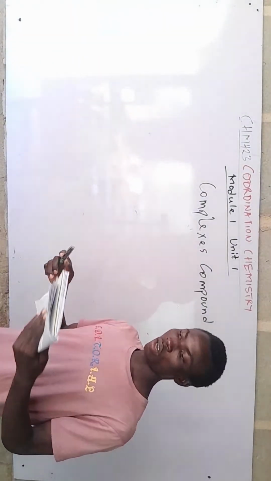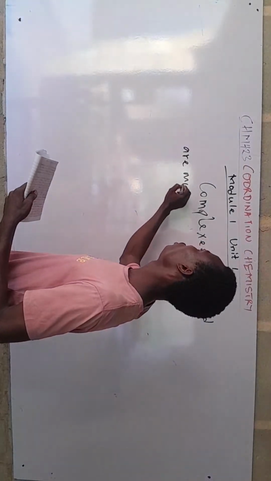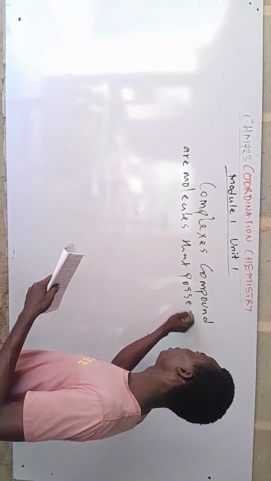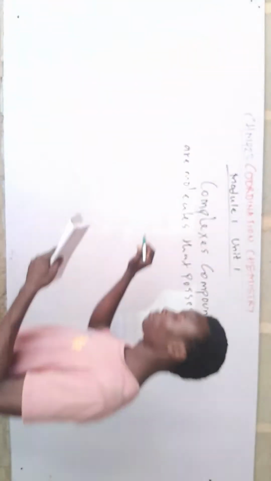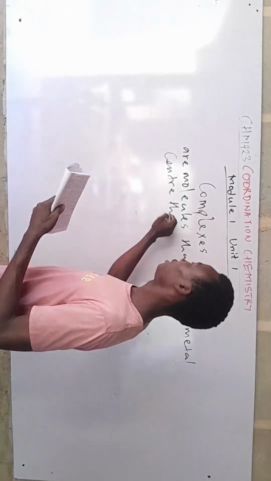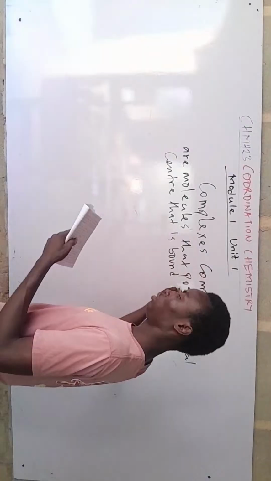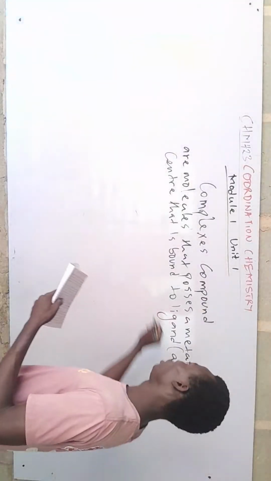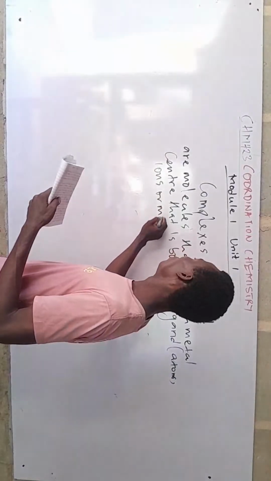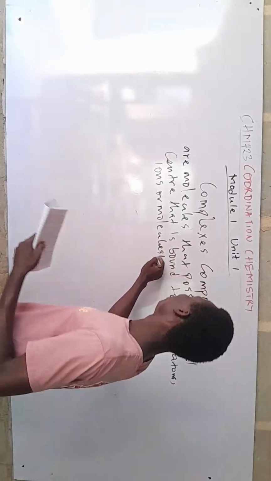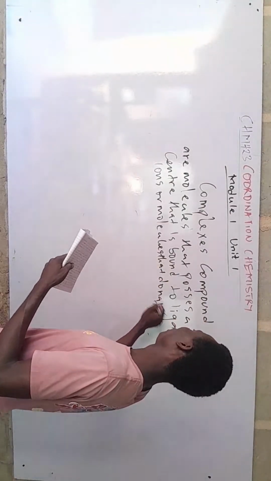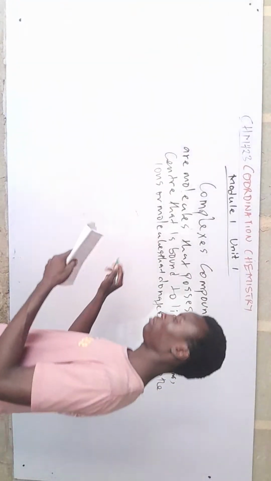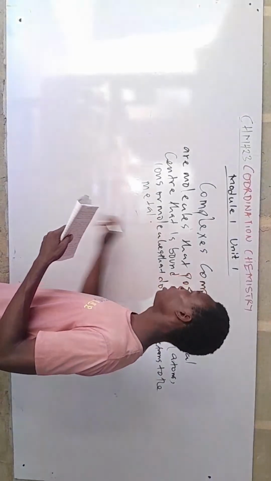Complex or coordinate compounds are molecules that possess a metal center that is bound to ligands, that is, atoms, ions, or molecules that donate electrons to the metals.